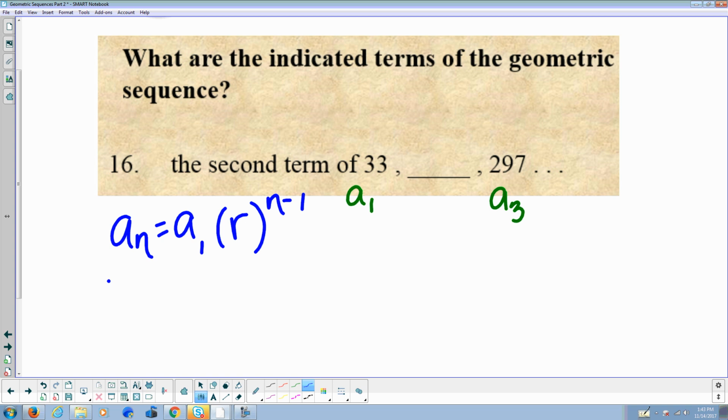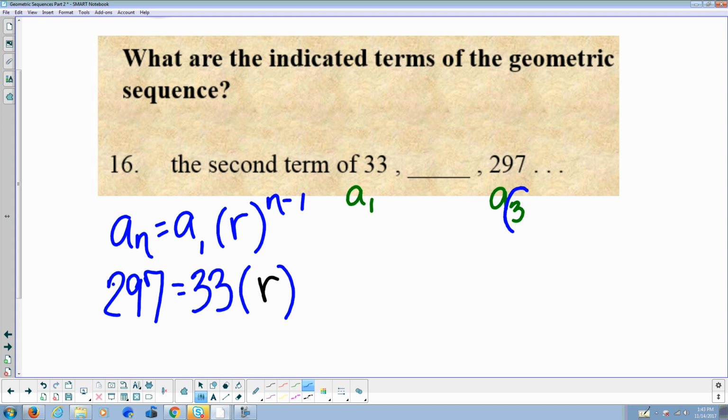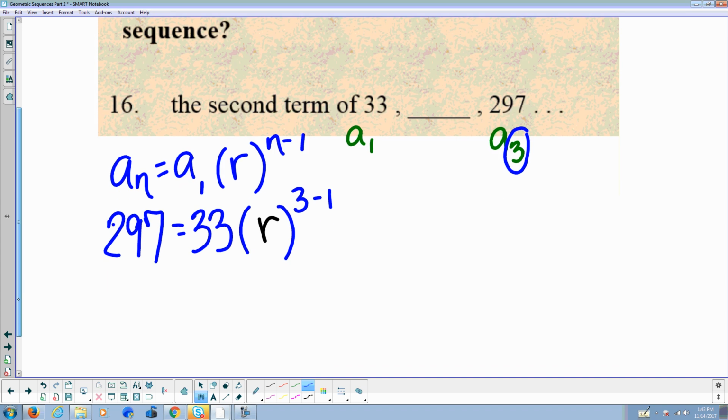Replace AN with 297. Replace A1 with 33. We do not know R, but we do know that 297 was the third term of this sequence, so n is 3. Simplify.